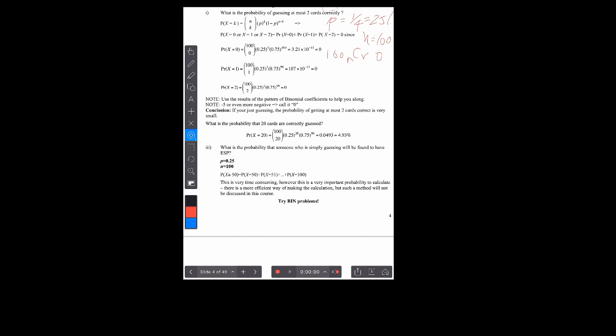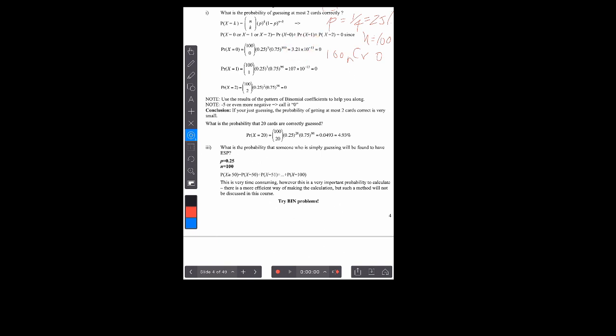We can derive, using our calculator, the second function nCr: 100 choose 0 times 0.25 to the 0 times 0.75 to the 100. This is going to give you this number. On most calculators, that's what it will look like. What does this mean?